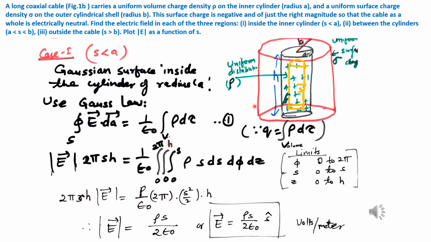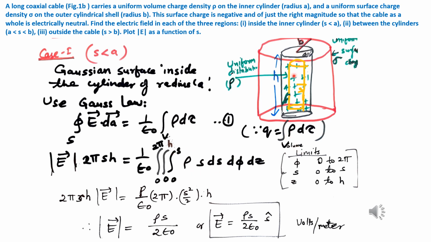The first case is when S is less than a. So we have to draw a Gaussian surface here, at an inner point. Less than a means some point inside this smaller cylinder of radius a, and then we apply Gauss's law: the closed surface integral of E dot dA equals 1 upon epsilon naught times Q enclosed, which is the integral of rho d tau.